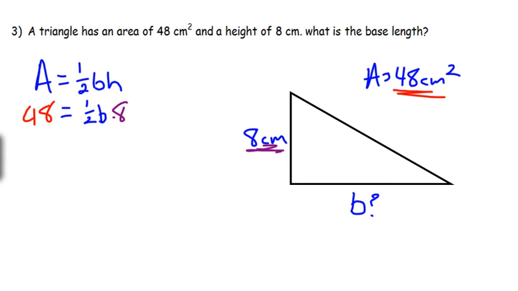We can take half of 8. Half of 8 is 4. So we have 4 times some number, which equals 48. And if it doesn't occur to you what that number might be, we can work backwards and say 48 divided by 4, which will give us 1.